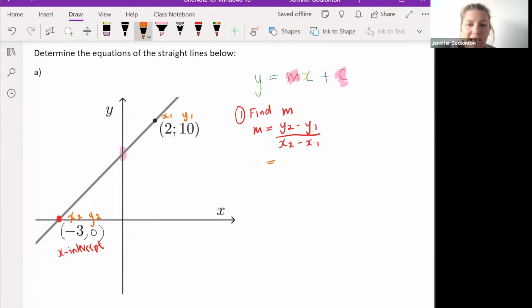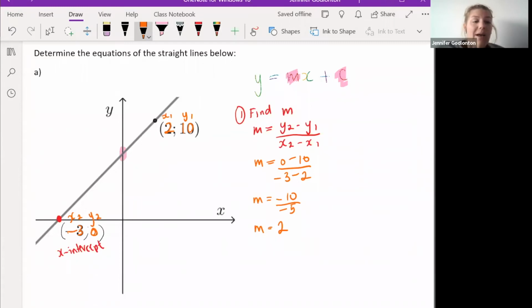So we say m is y2, which is 0, minus y1, which is 10, over x2, which is -3, minus x1, which is 2. So I have 0 minus 10, which is -10, and -3 minus 2, which is -5. So negative and a negative becomes a positive, and 10 divided by 5 gives me 2. So now I know it's 2.